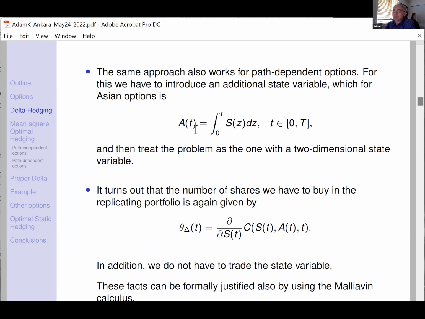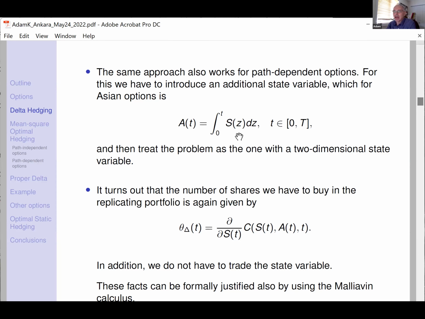So for an Asian option, the state variable is simply the integral. Clearly, and I will mention this at the end of the talk, there are other ways of defining the arithmetic sum. Instead of taking the integral, I can take a sum, where I sample the process at some pre-specified time points, but it is convenient actually to work with the integral.